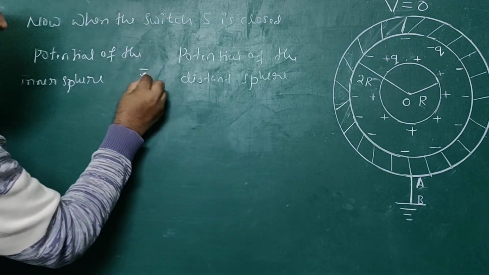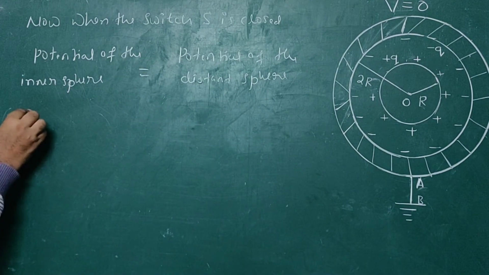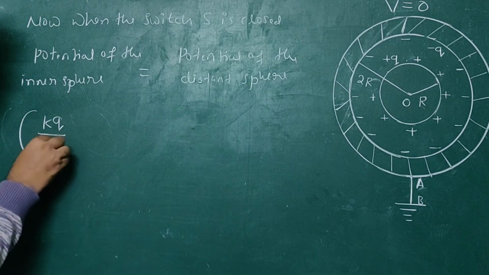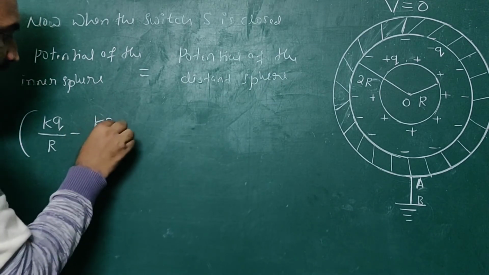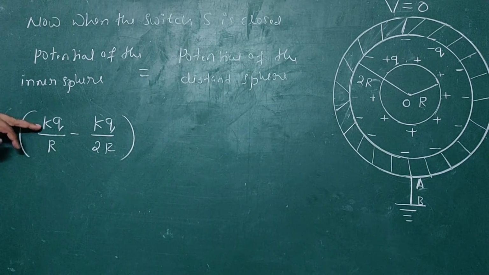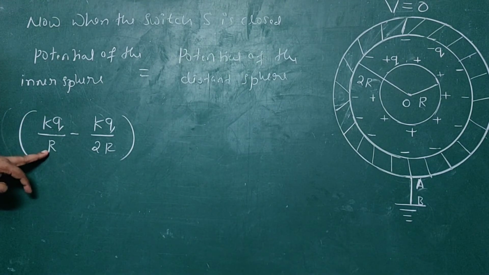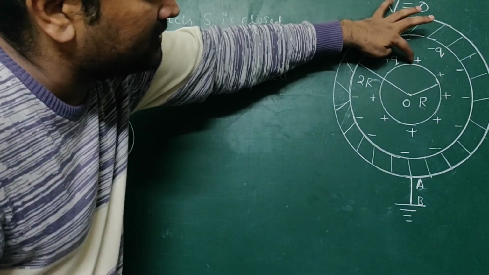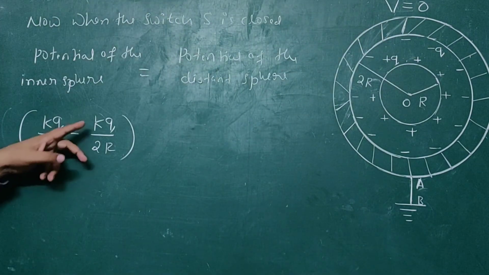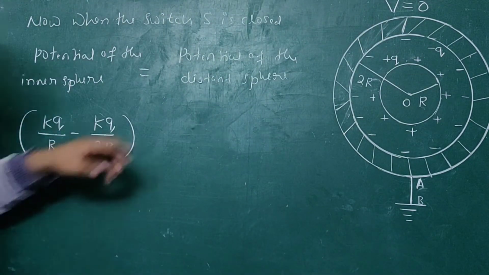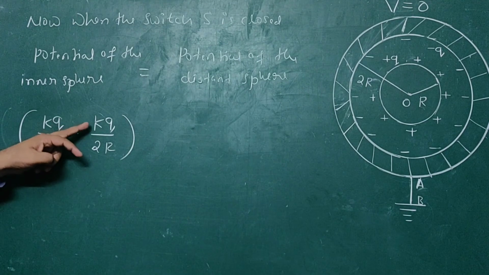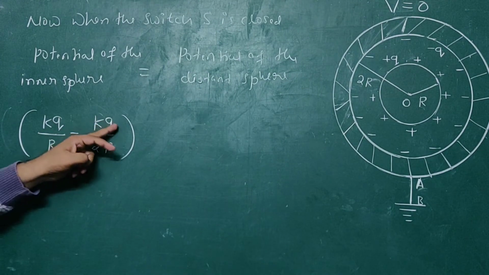Therefore, the potential of the inner sphere can be written as kq/r minus kq/2r, where kq/r is the electric potential at any point on the inner sphere due to the inner sphere itself, and at the same time the electric potential on the inner sphere due to the inner surface of the outer sphere is given by minus kq/2r.